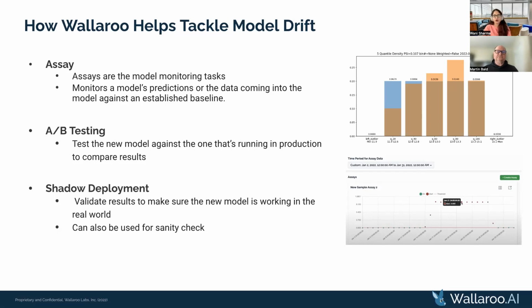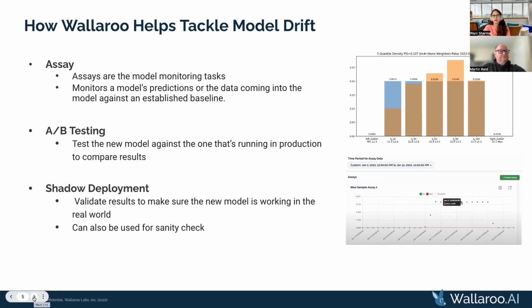So you want to do some A/B testing on it just to make sure that the new model is giving you better predictions because it's trained on the new environment factors than the model that's already running in production. Wallaroo offers A/B testing for this particular case where you can test both the models, look at the logs, look at the predictions from both the models, and efficiently decide which model you should send to production.